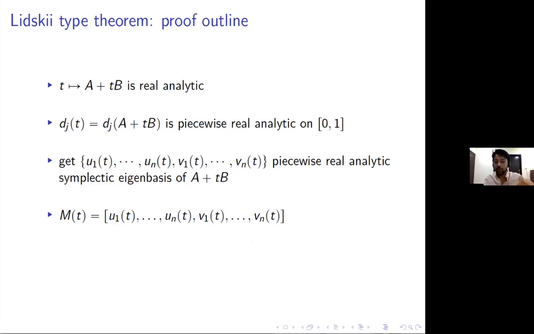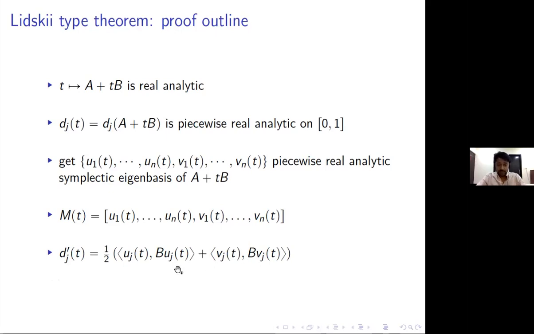So at those points, wherever it is differentiable, we compute its derivative. And using the fact that u_j(t), v_j(t) form a symplectic eigenvector pair corresponding to d_j, a direct calculation shows that we can calculate its derivative, and it turns out to be this expression.